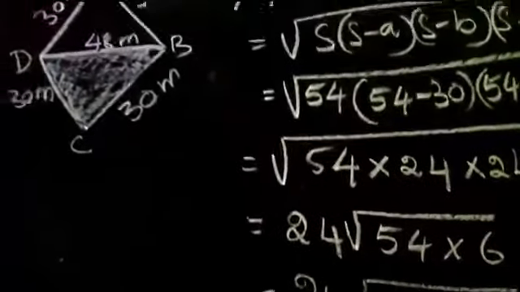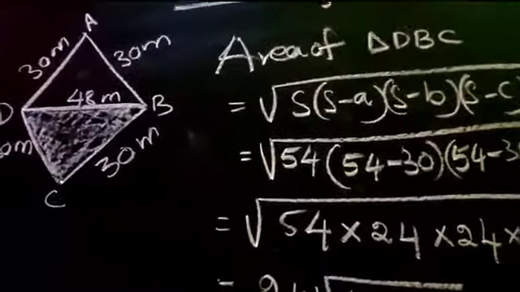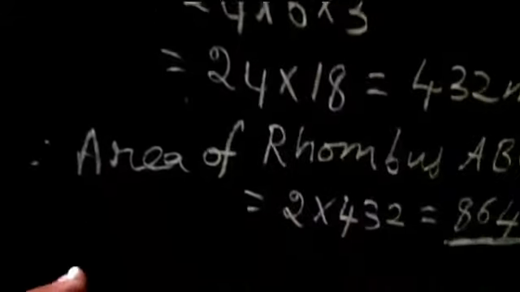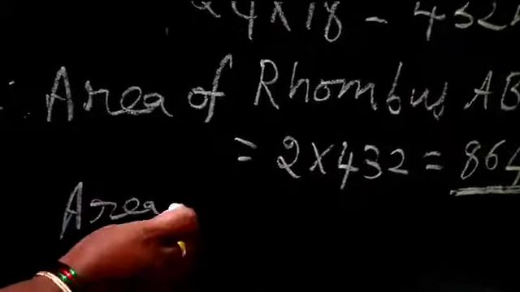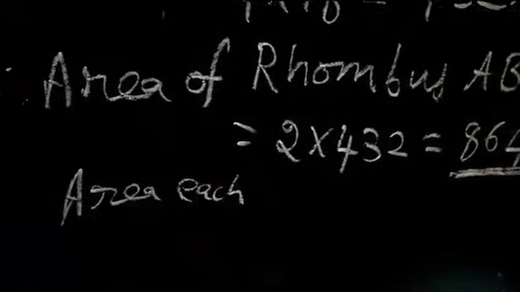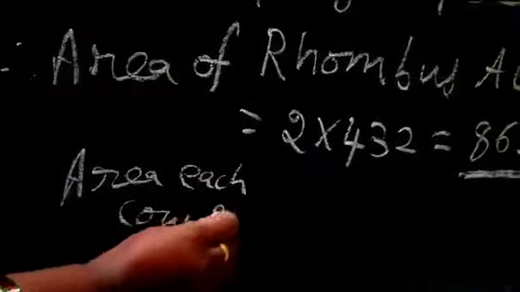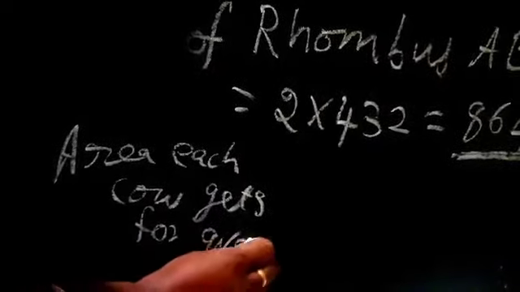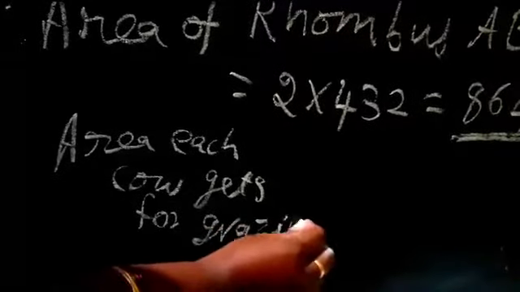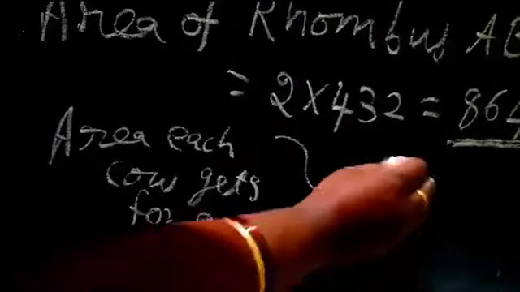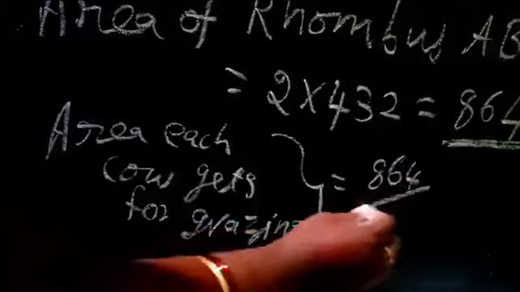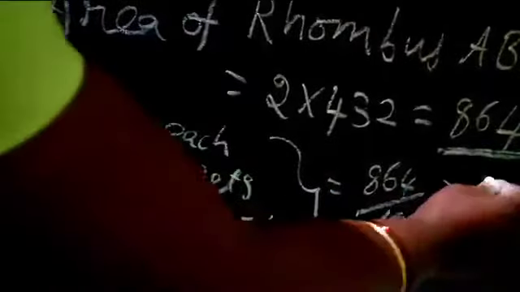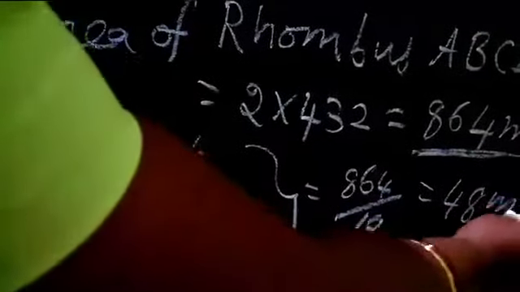So the area each cow gets for grazing, we have to divide by 18 cows. If you divide, we'll get 48 meters square.